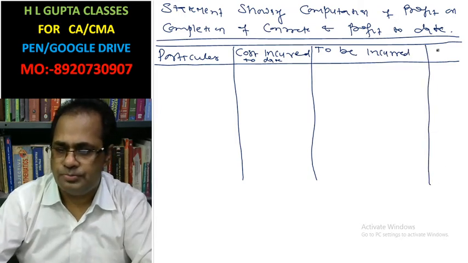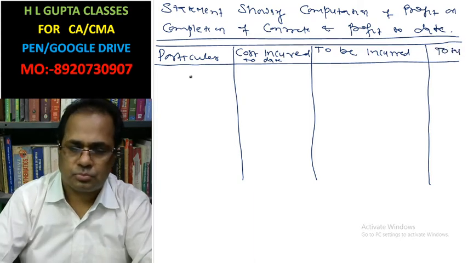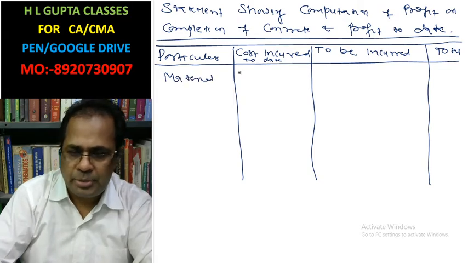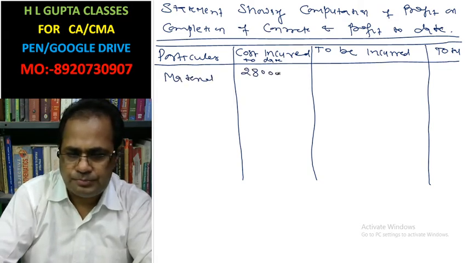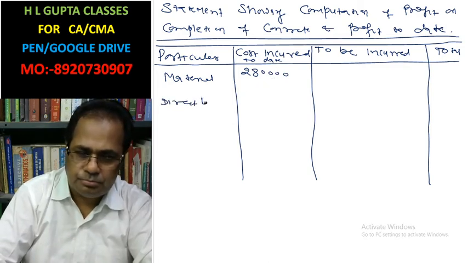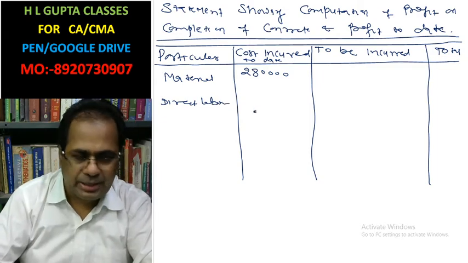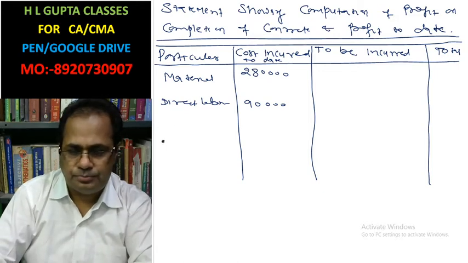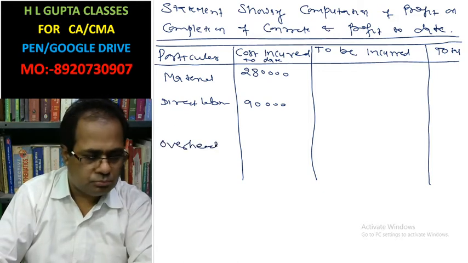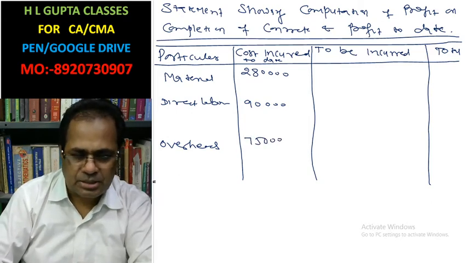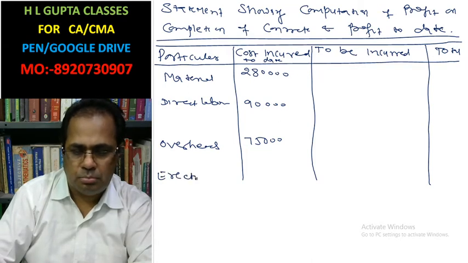This is your total. Look here: material 2,80,000, direct labor 90,000, overhead 75,000, erection cost 15,000.